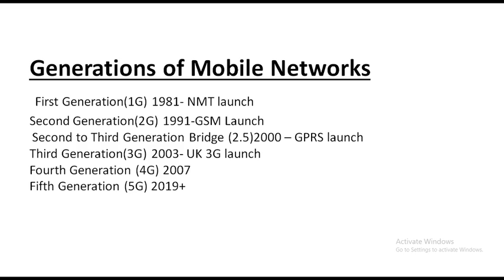But in our country, India, it was introduced approximately from the year 2015. The fourth generation was based on an ad hoc networking model where there was no need for a fixed infrastructure operation.